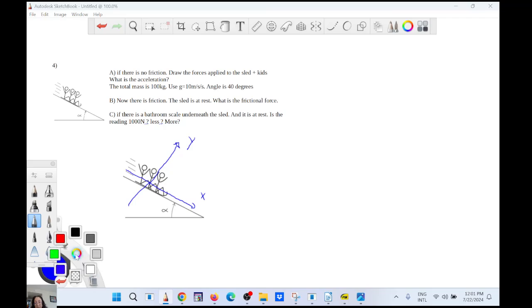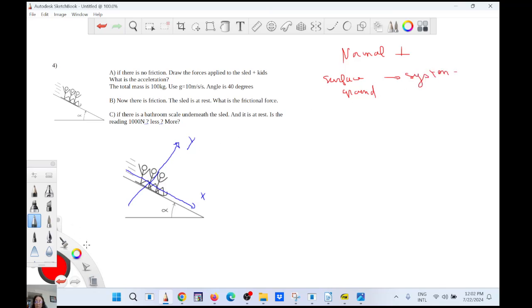The other thing that you have to memorize is that the normal force, so normal is perpendicular to the surface. So normal force always goes from the surface or the ground to the system that you are looking at.